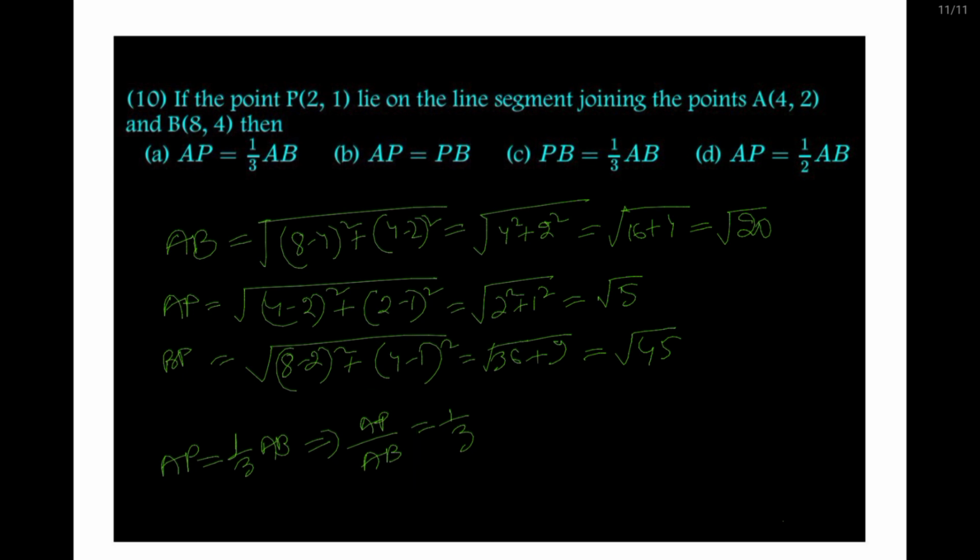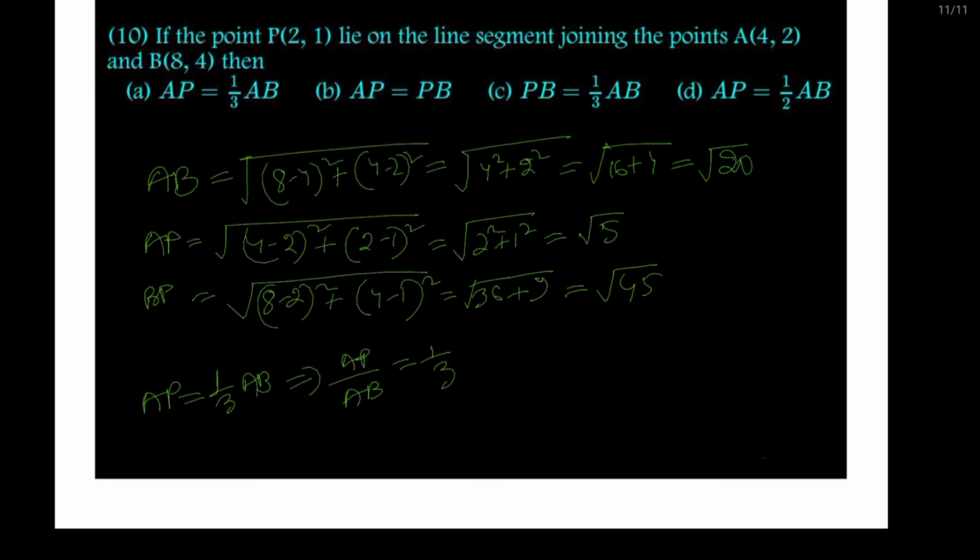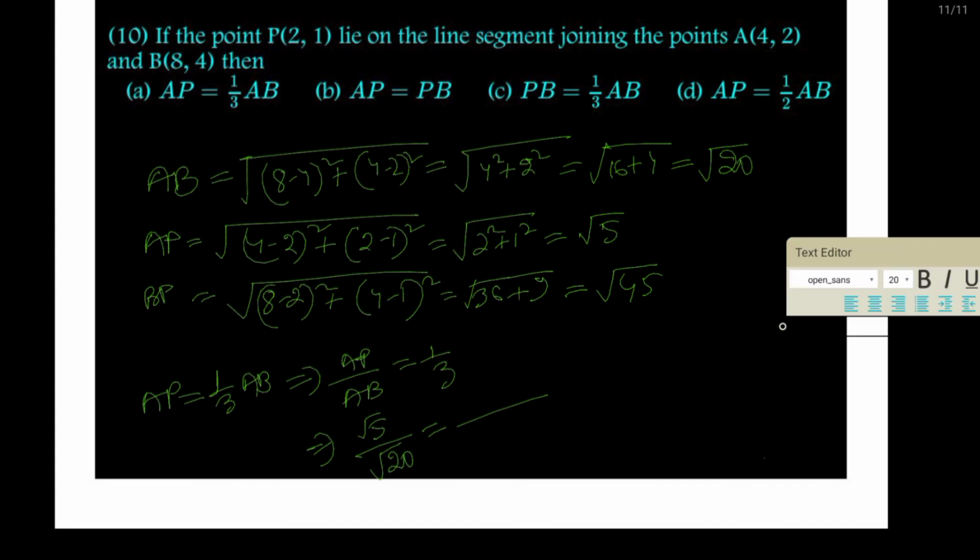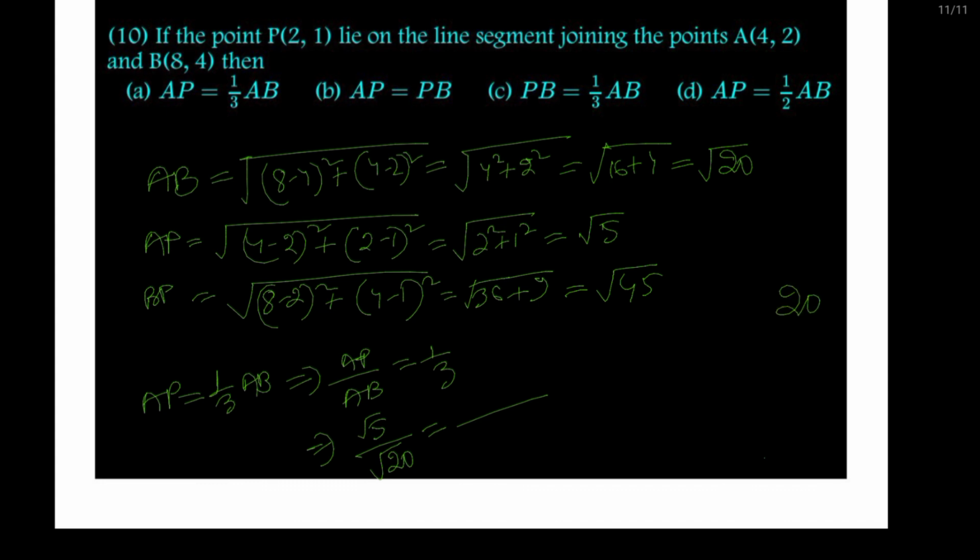Otherwise, this is not the answer for us. So let's find AP divided by AB. AP is found as square root of 5, and AB is found as square root of 20. Now let's factorize square root of 20. 2 tens are 20 and 2 5s are 10.